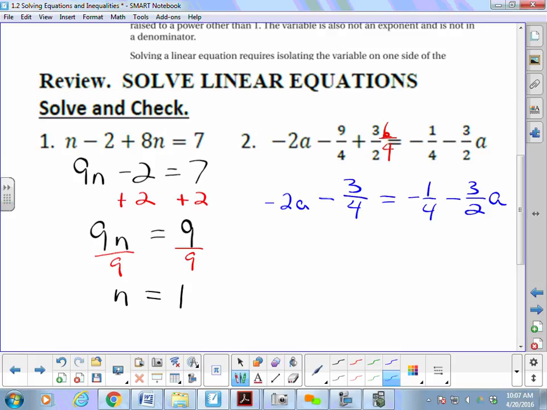So change 3 over 2 to 6 over 4, and then combine that with the negative 9/4. So first step, simplify one side or the other.